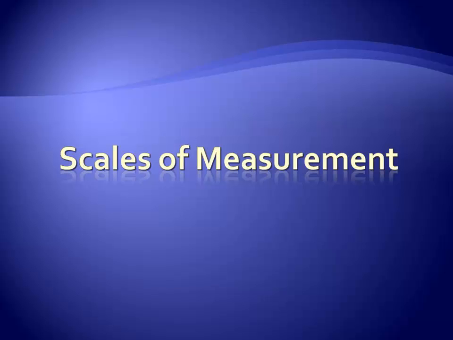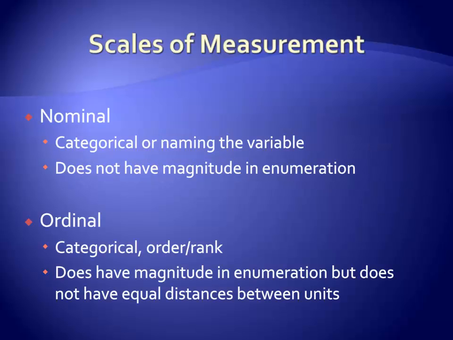We can fine-tune our descriptions of these data even further by discussing scales of measurement. There are four main types of scales of measurement. These build on each other such that as we go along the spectrum, the scales become more precise. At the lowest end of the continuum is a nominal scale.